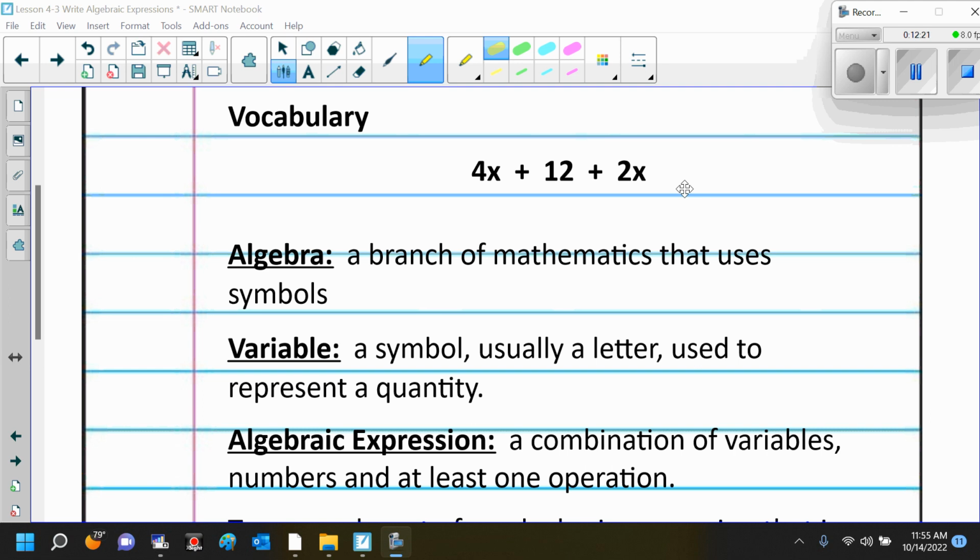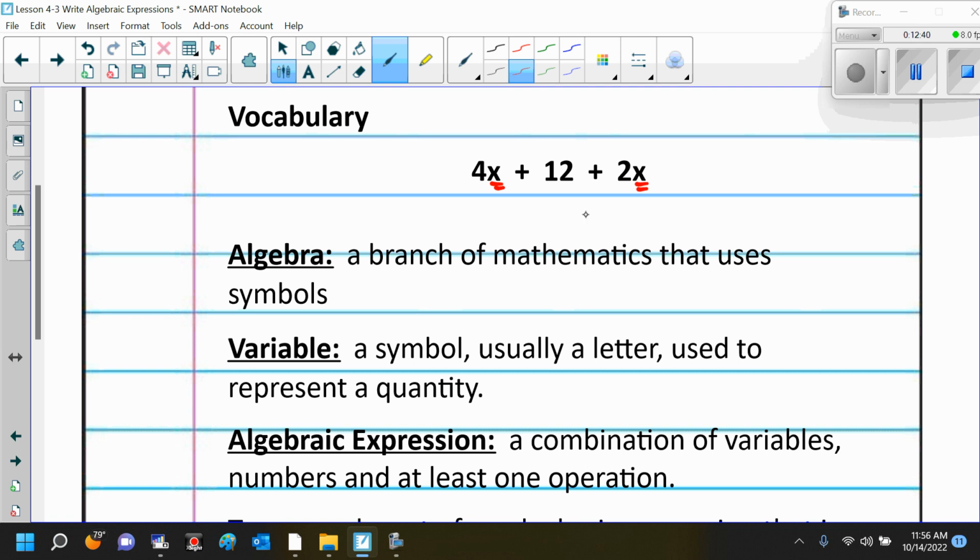So up top here, we're going to label our algebraic expression. The variables are the x's.